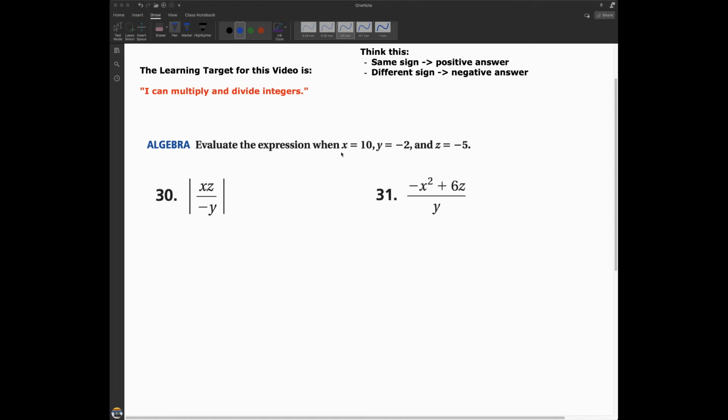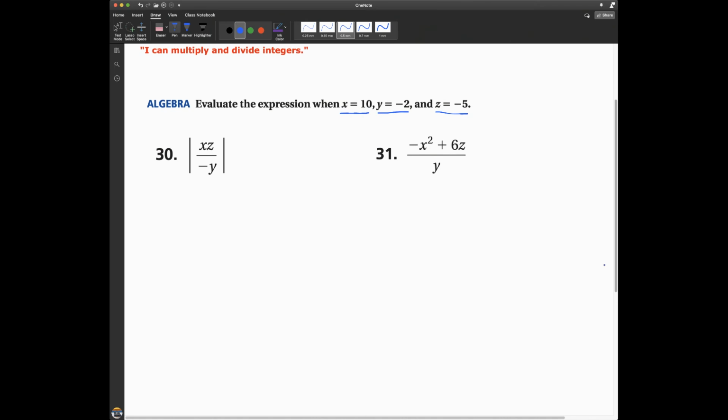Evaluate the expression when x is 10, y equals -2, and z equals -5. So my first thing I'm going to do for this first problem is keep my absolute value signs and substitute x is 10. 10 times z is -5, and I divide by negative y, and y is -2.